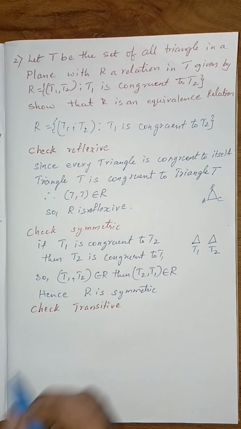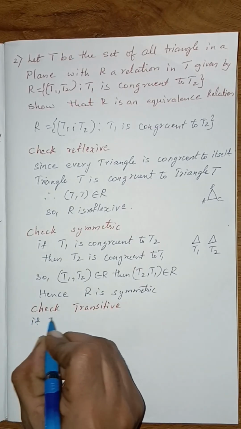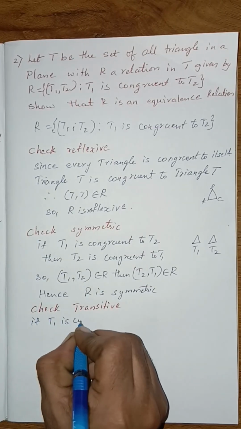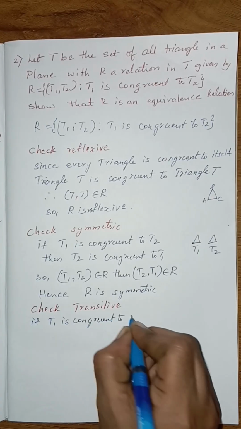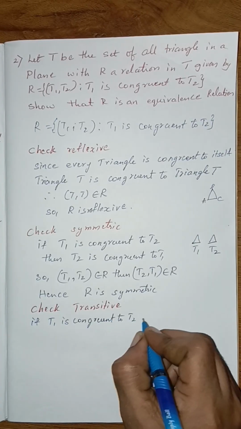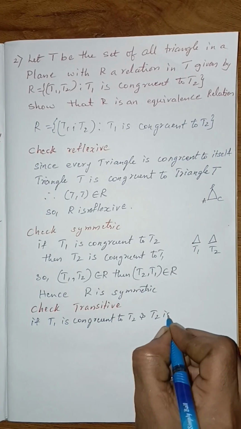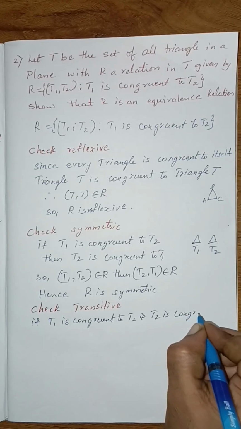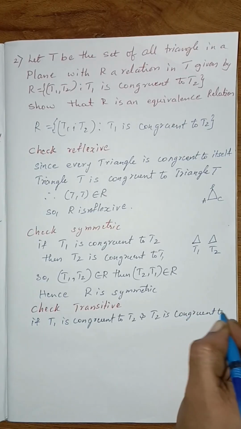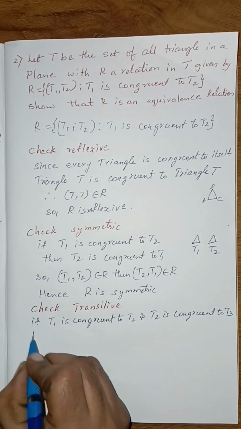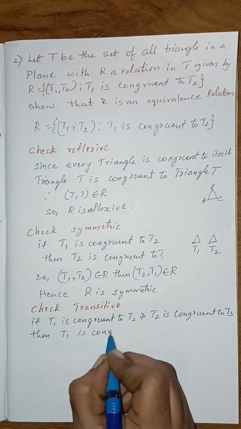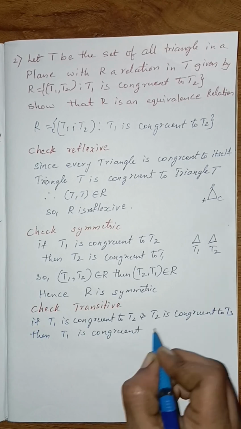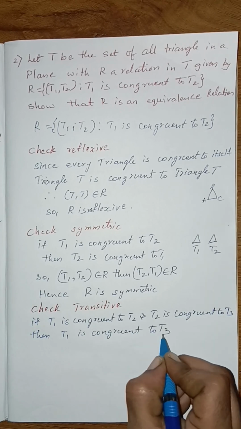So here, T1 is congruent to T2, and T2 is congruent to T3, then T1 is congruent to T3.